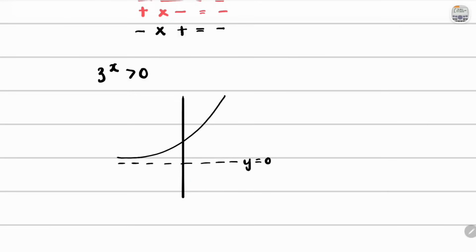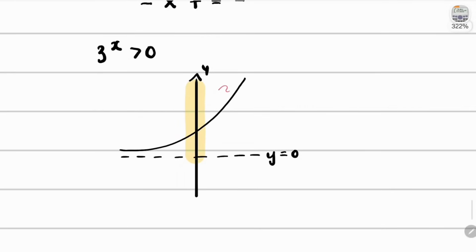And what we're solving for here is we're finding the values of x for which this graph's y values, it's 3 to the power of x, the function as a result of substituting x, those will give you y values. We're trying to find the values of x for which this will be greater than 0. So looking at your y-axis, because we're looking at y values, you see that all the values greater than 0 are here. So the graph is going to have y values greater than 0 wherever it has positive y values.